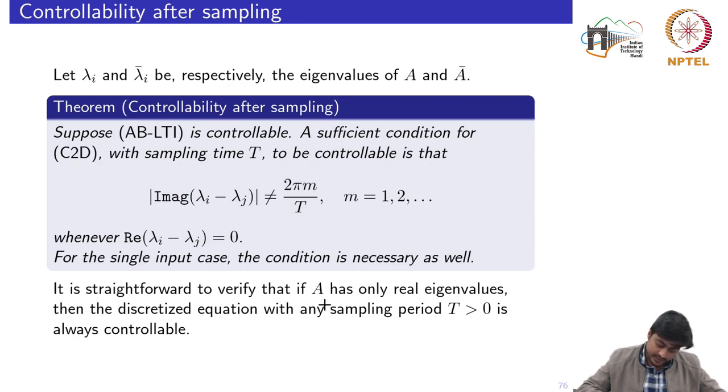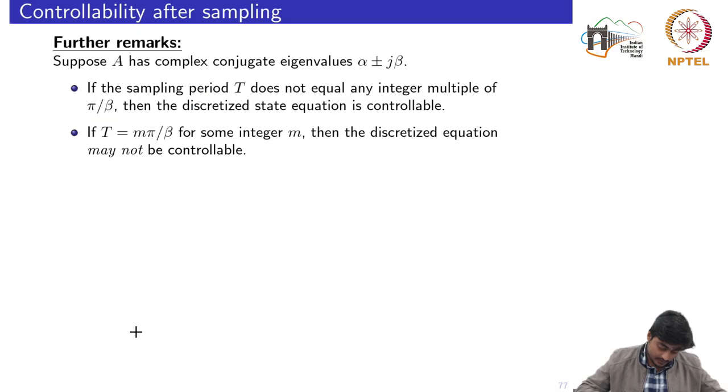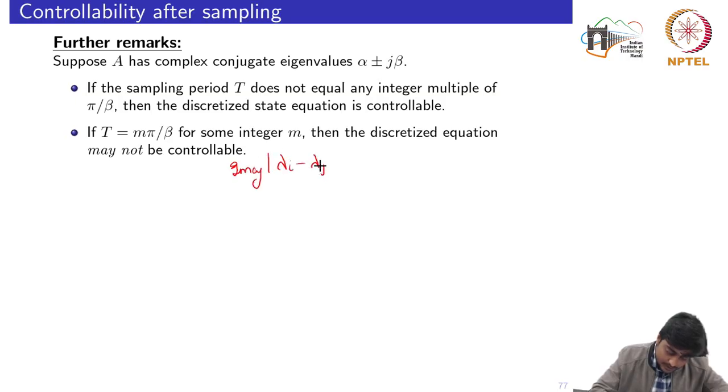So it is straightforward to verify that if the matrix A has only real eigenvalues, then the discretized equation with any sampling period t greater than 0 is always controllable, right? So let's see. We have a complex conjugate pair of the matrix A. Now if the sampling period t does not equal any integer multiple of pi by beta, let's recall, the imaginary part of lambda i minus lambda j should not be equal to 2 pi m by t.